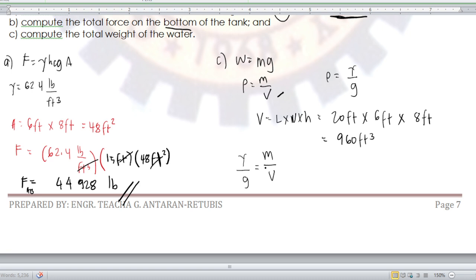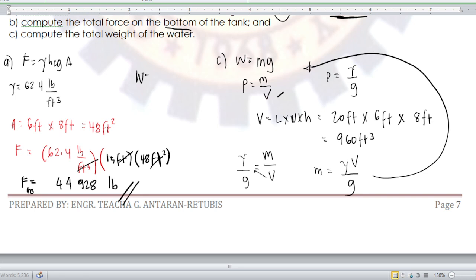So, in order to solve for mass, we can have specific weight times volume all over G. Can you follow? You cross multiply this and you divide by G there. So this will be the value that we will be substituting here.